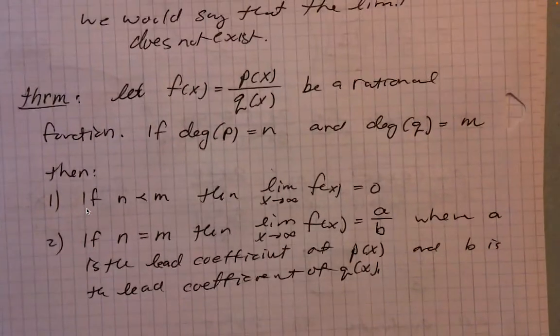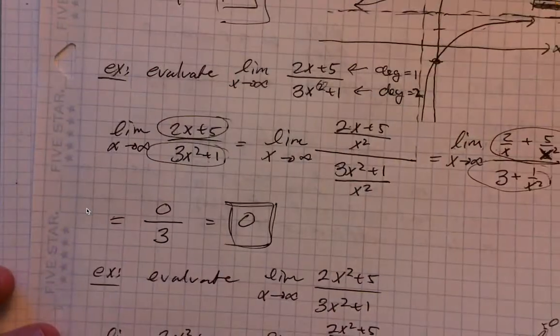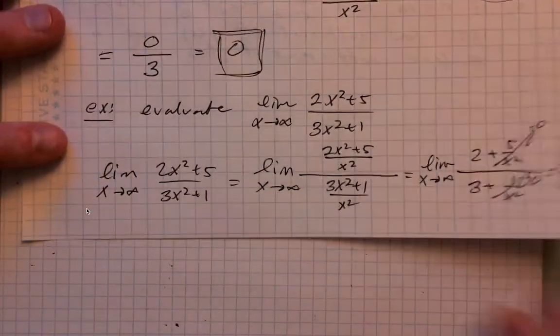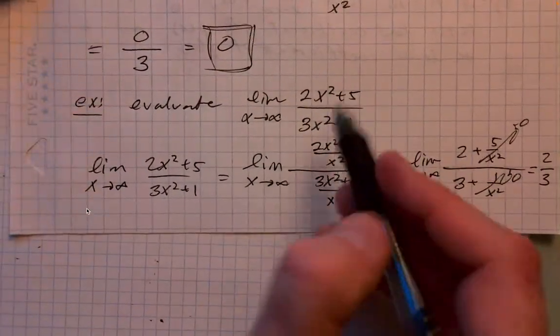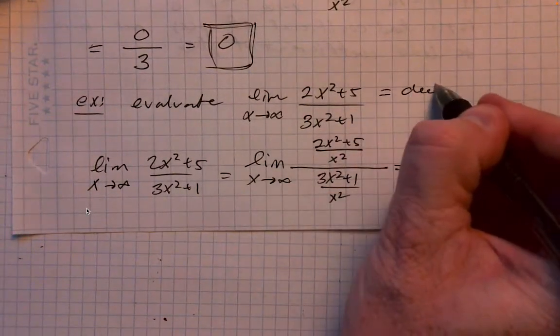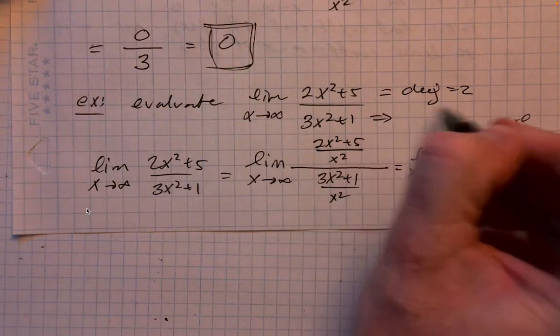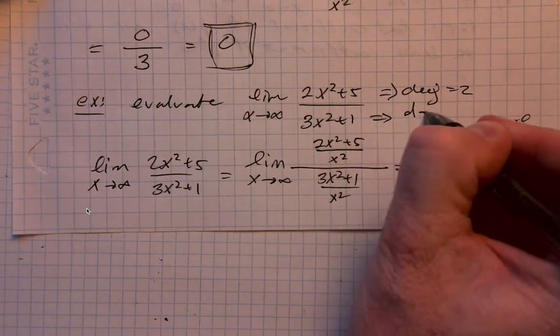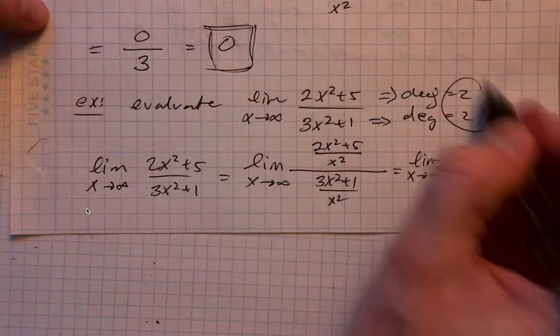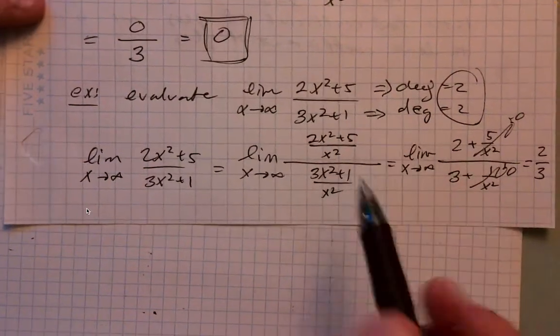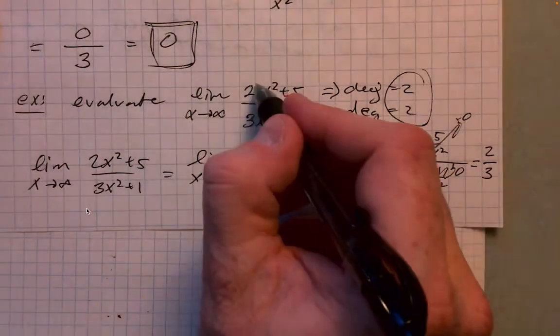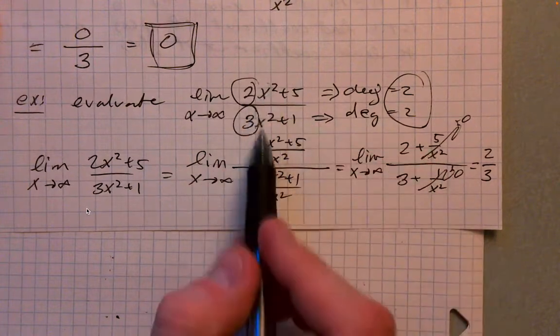And so we saw an example like this as well. So right here, for example, the degree here is 2, and here the degree is also 2, so they're the same. And so the limit ended up being 2/3, which you can see is the ratio of the lead coefficients.